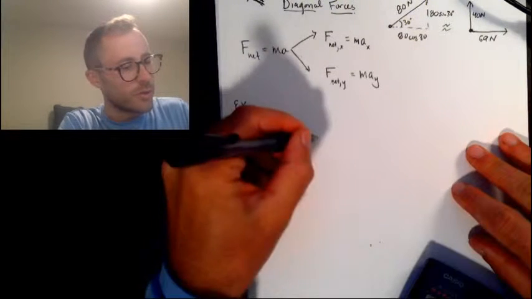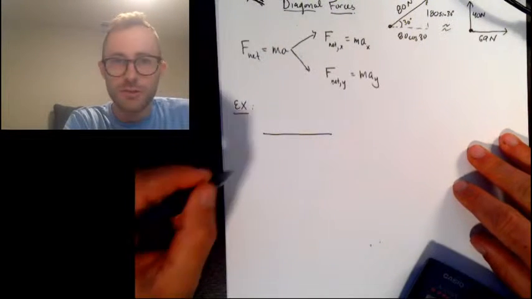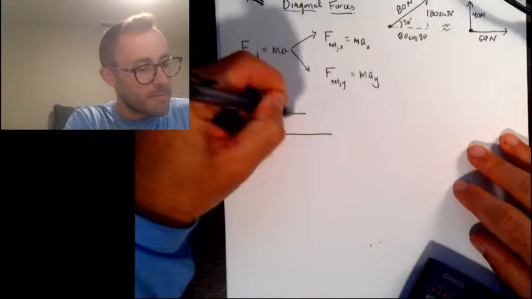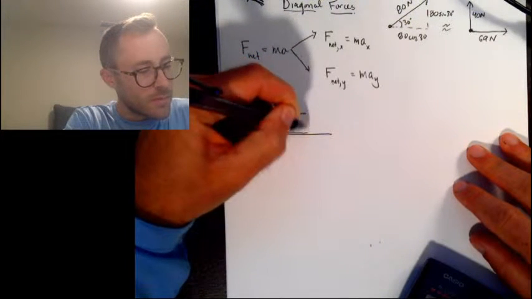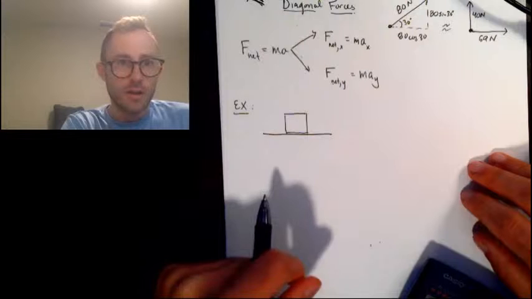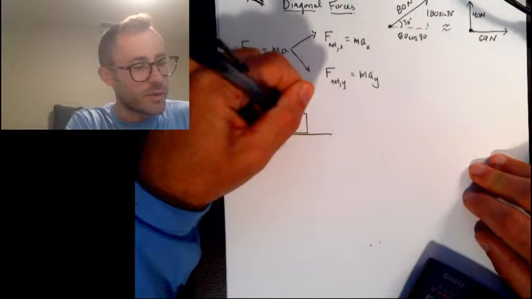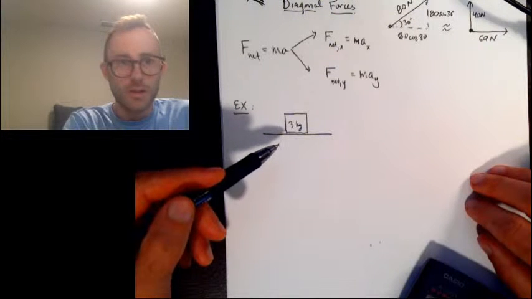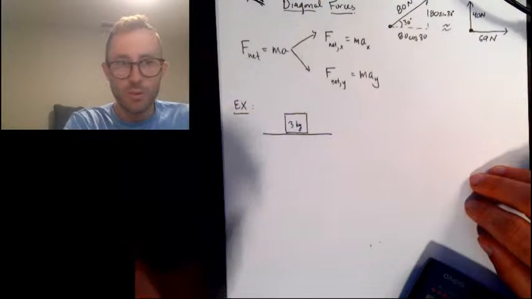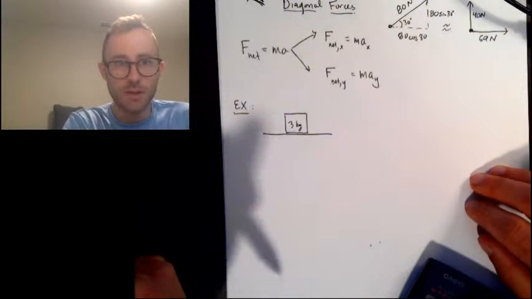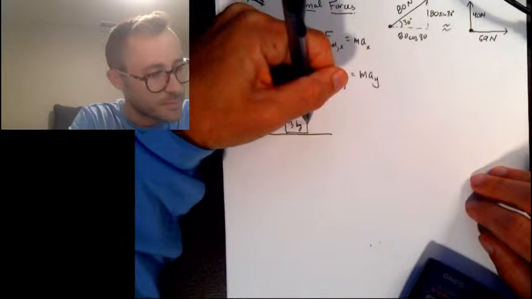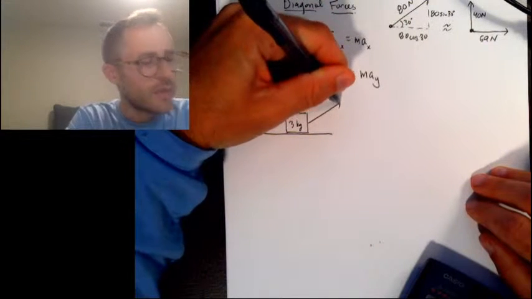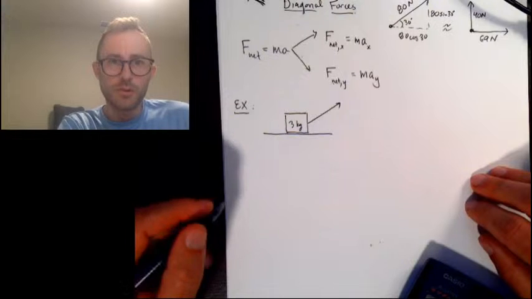Okay, so what if we have a box, let's say a 3 kilogram box. Go ahead and type into the live chat if you know what the weight force on a 3 kilogram box would be. That box has a couple of forces acting on it.